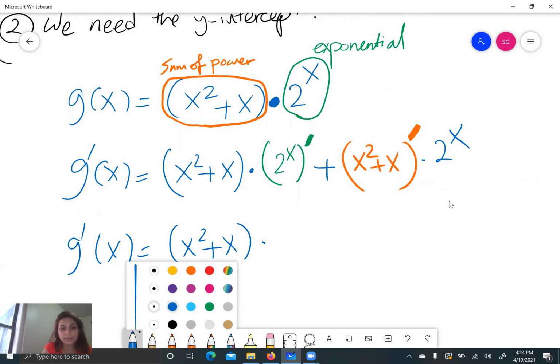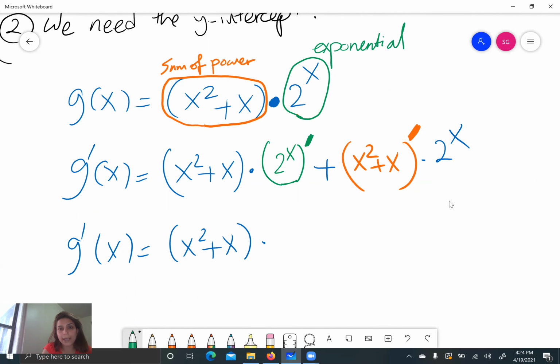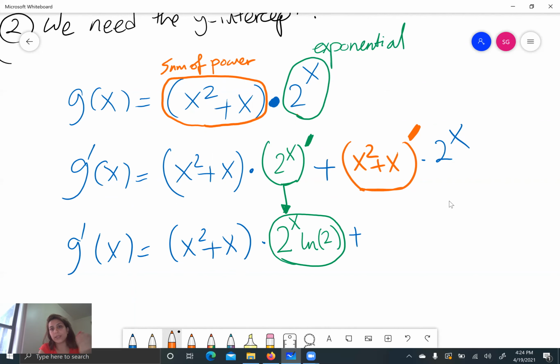What is the derivative of 2 to the x? Because this is exponential, the derivative of 2 to the x is 2 to the x times the natural log of 2. Plus, now take the derivative of x squared plus x. This is a summation, so take the derivative of each one. What is the derivative of x squared? 2x. What is the derivative of x? 1.